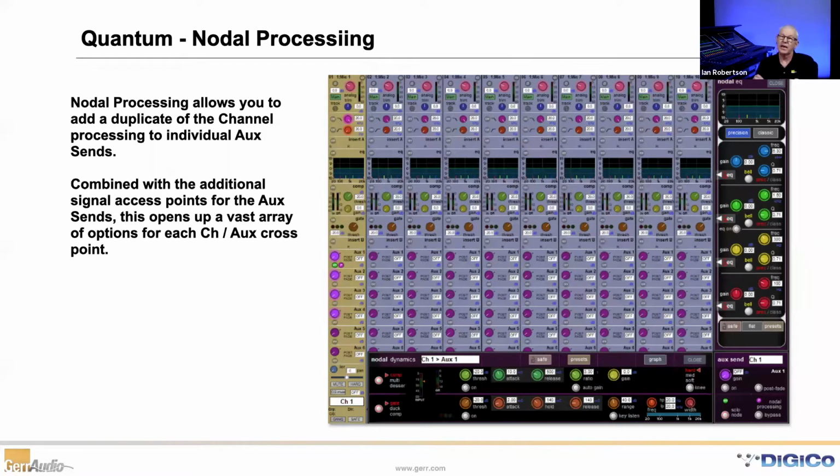No more duplicating channels. I've had to do that, and I know a lot of people who have. The practice was basically you duplicate a channel and you'd use that channel to drive the monitor mixes, and then the original channel to drive front of house. So you can do whatever you want for each scenario.